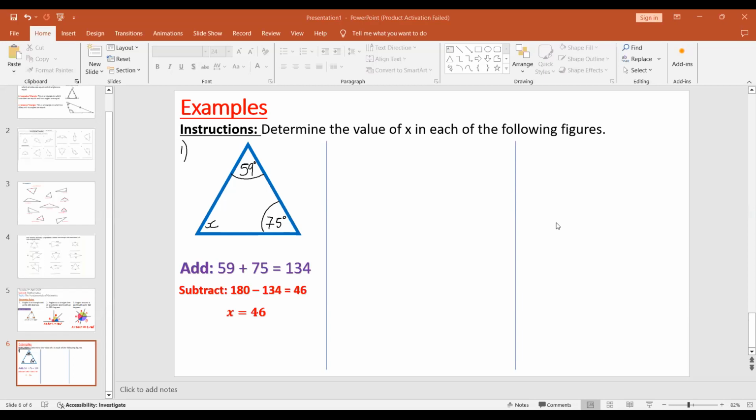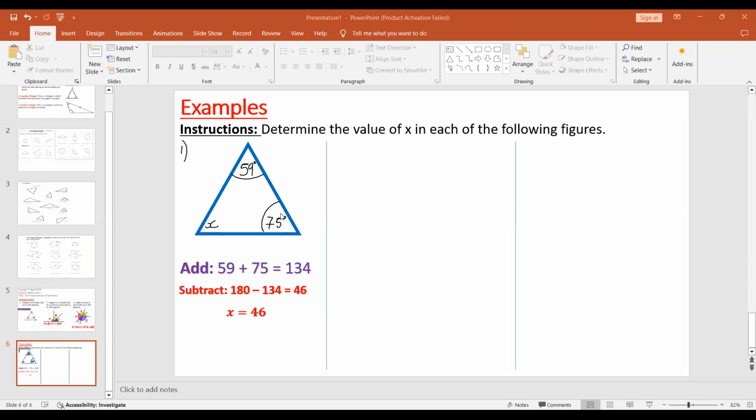Jalen, do you understand this? Yes. Explain how we got 46. It says determine the value of x in each of the following figures. It's a triangle: 59 at the top, 75 at the corner, and x at the left corner. We have to solve for x.